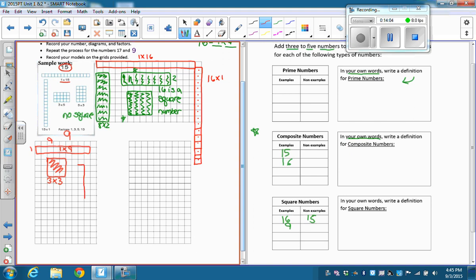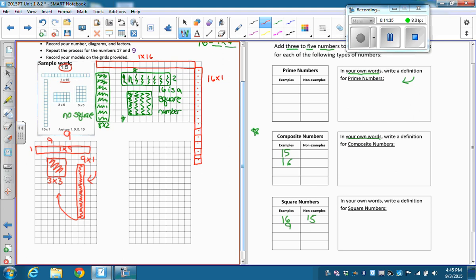If you had the number of chips that match the number, like 9 chips here, 1, 2, 3, 4, 5, 6, 7, 8, 9 chips, and you could rearrange the chips to make a square, then it's a square number. That's a 9 by 1. And remember, square numbers only have 3 or an odd number of factors.